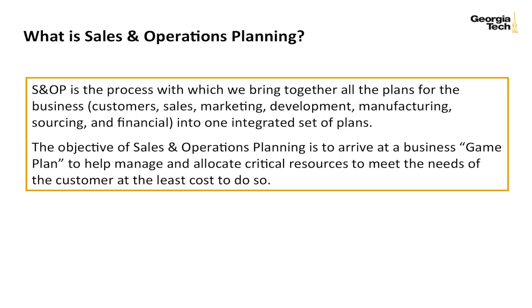While integrated business planning is typically focused on strategic planning, sales and operations planning is an ongoing process focused on a more tactical and operational level. The objective of sales and operations planning is to arrive at a business game plan to help manage and allocate critical resources to meet the needs of the customer at the least cost to do so.